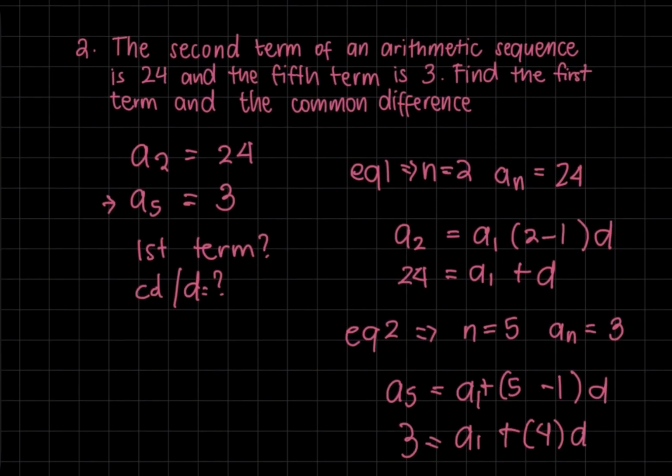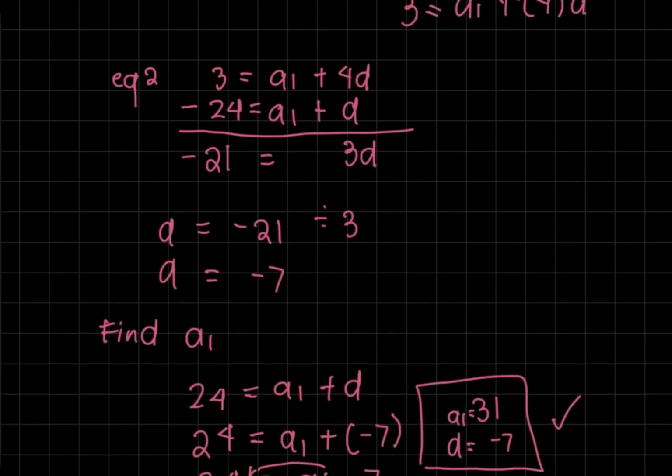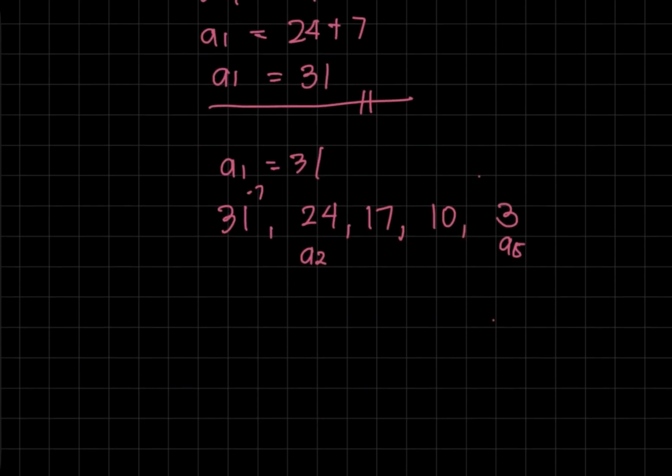In problem 2, we wrote 2 equations from the given terms and then subtracted them to eliminate A1, we solved for D, which we got is -7, and then we solved for A sub 1, and we got 31. So that's it.